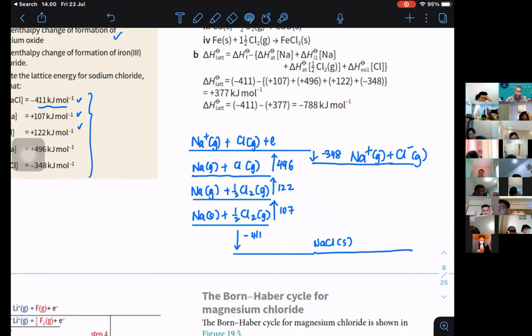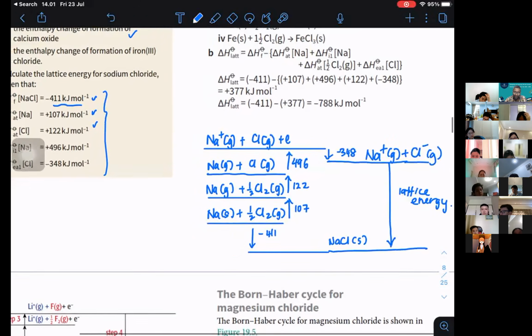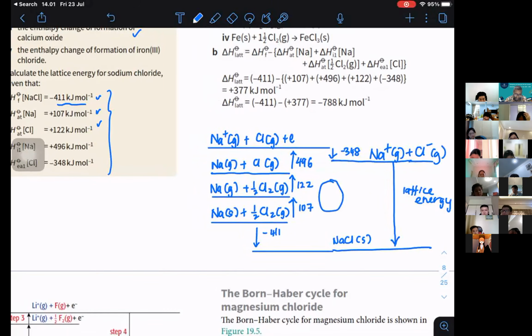Then you draw from here to here, from gaseous ions to form 1 mole of solid ionic compound. This is going to be your lattice energy. If I want to calculate anything over here, you have all the data. You just use clockwise equals anti-clockwise. If I put a circle there, I can see that this is clockwise, clockwise, clockwise, clockwise, clockwise.